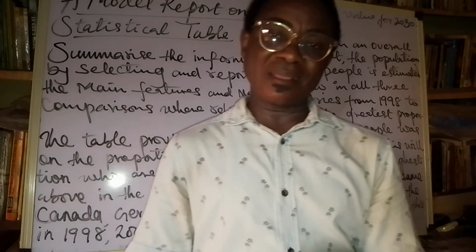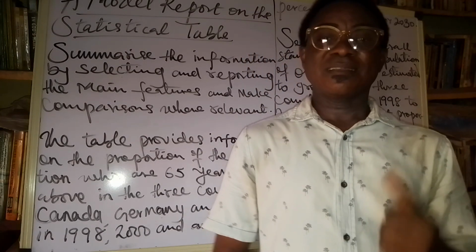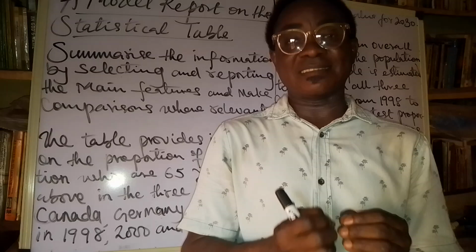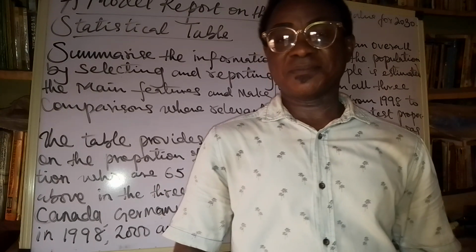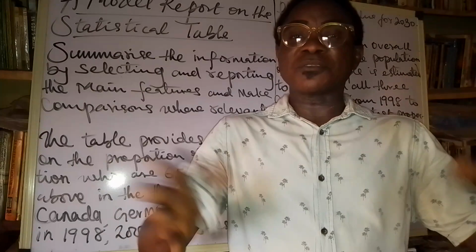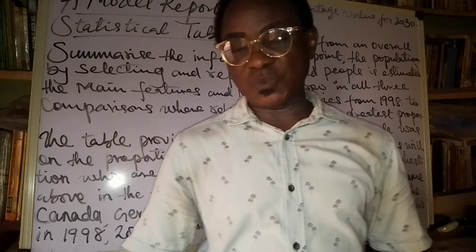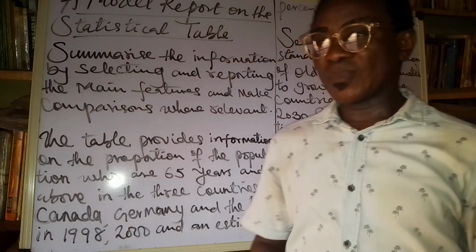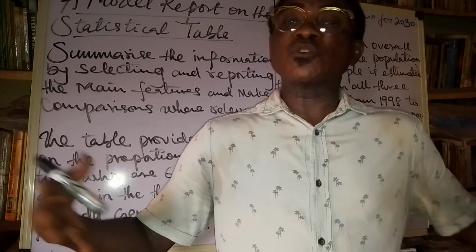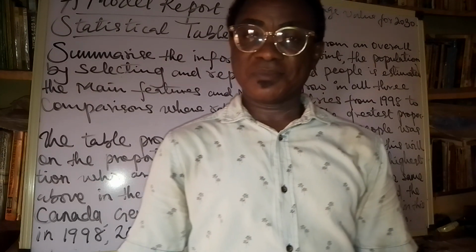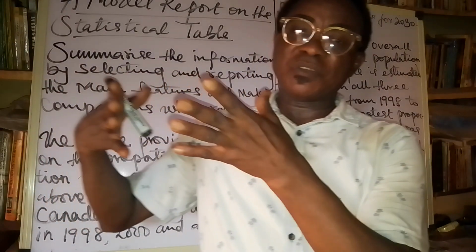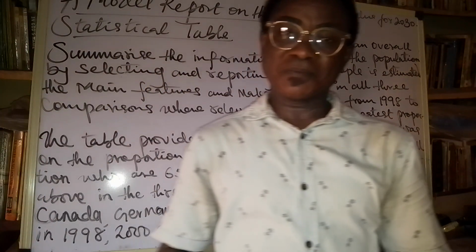Now, a summary requires providing relevant details taken from an original version of information while leaving out all the details that are unnecessary. To do this very well, we need to learn how to group values. In this case, the extreme values are grouped together.